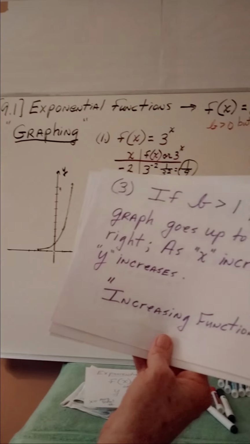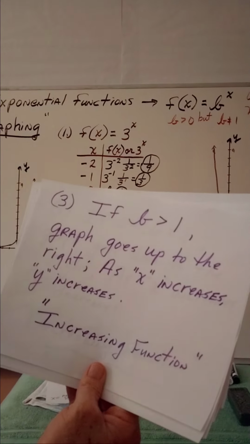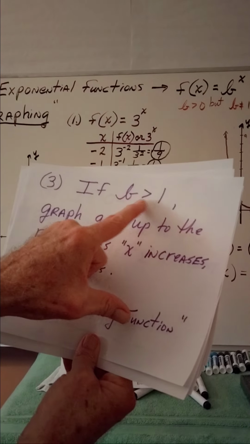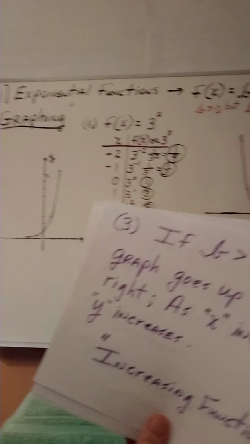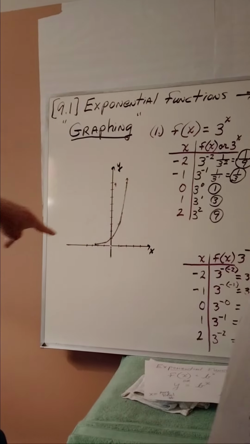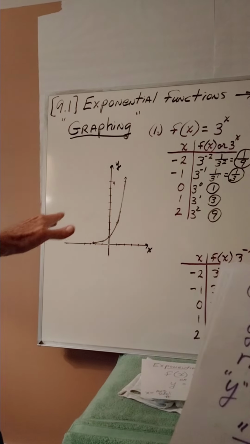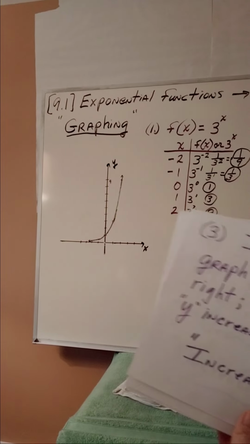As x increases, y increases. So I think we can make this point about characteristic number 3. Whenever your base is greater than 1, the graph will always look like that one to the left of the board. It will be an increasing function. As x increases, y will increase.